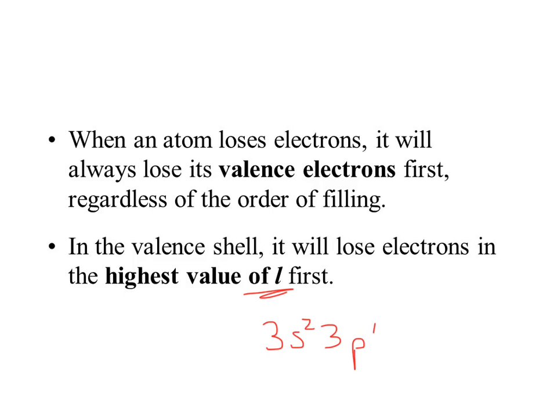Technically, you guys remember, the L value of an s is L equal to 0. For p-type, L is equal to 1. So what this is saying is that the one to jump ship first, if you're looking at them piecewise, is this one goes first. Okay, and then these two strip off. There's actually something called ionization energy, and that's one of the things we're going to come back to. Ionization energy is a measure of the energy that is required or released when you kick off electrons. So that one will go first, technically.